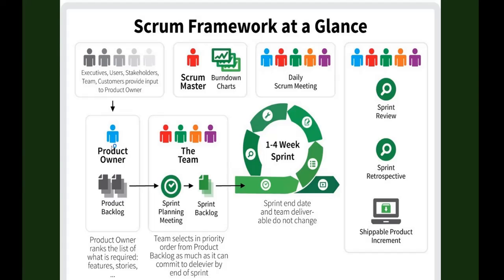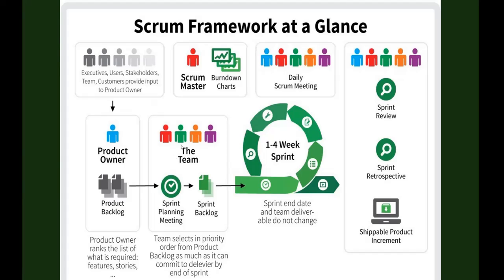So product owner comes the requirement from these people, that how the product should look like. And the product owner ranks the list of what is required, feature and story. He ranks it based on the priority. And then sprint planning and sprint backlog.